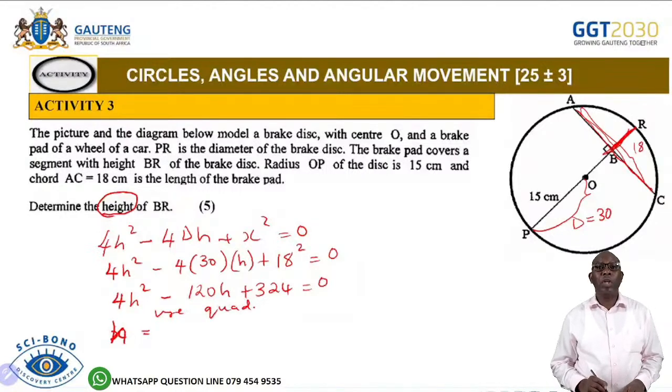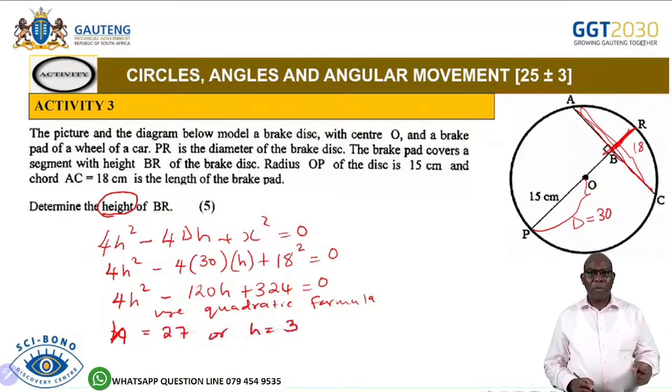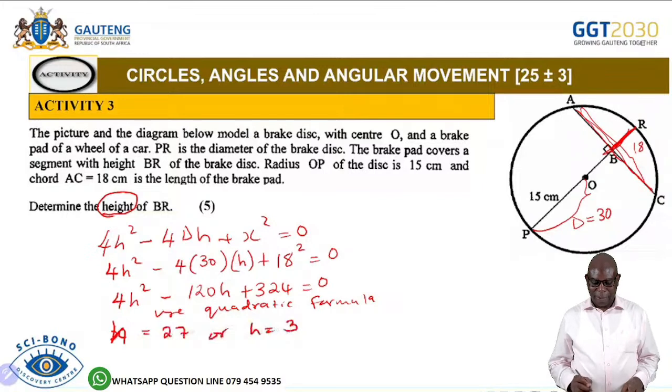Remember, I'm looking for h. So if I use my quadratic formula, this you can do on your own, and then you are going to get the answer to be 27, or h will be equal to 3. If you're strong enough with your factorization using the brackets, you can do that. Right, but if you're not, please don't take chances, use a quadratic formula.